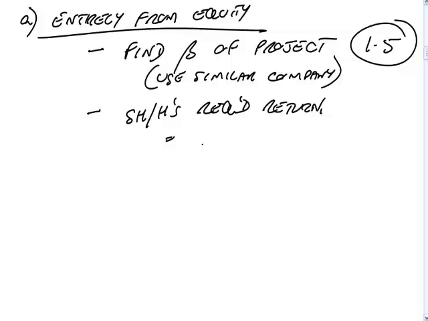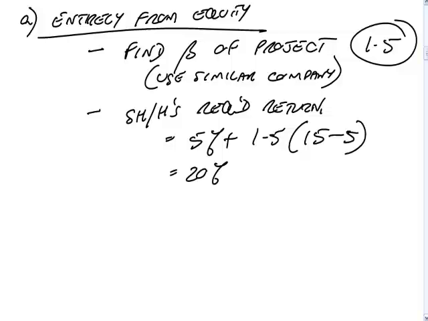The risk-free rate is 5%. The beta's 1.5. The market is 15 as against 5. What does it come to? 10, 15? Is it 20%? And therefore, we'll discount at 20%.